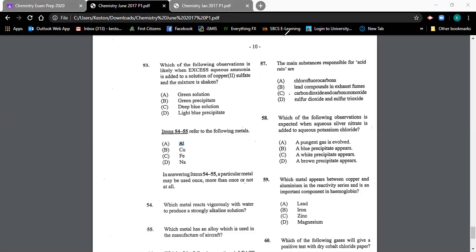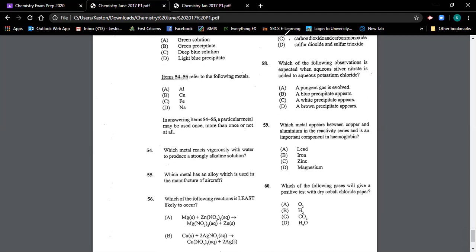60. Which of the following gases will give a positive test with dry cobalt chloride paper? Test for gases. Anybody knows? There's only one thing that I could use dry cobalt chloride paper for.